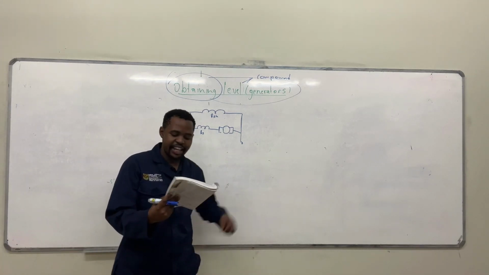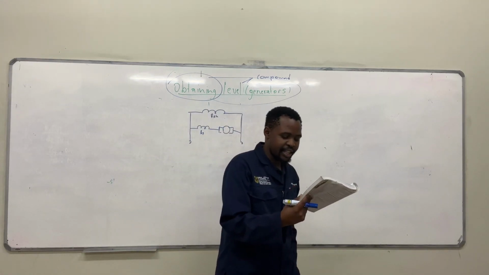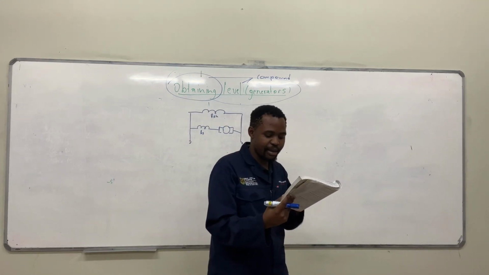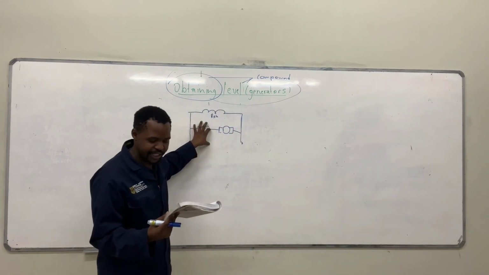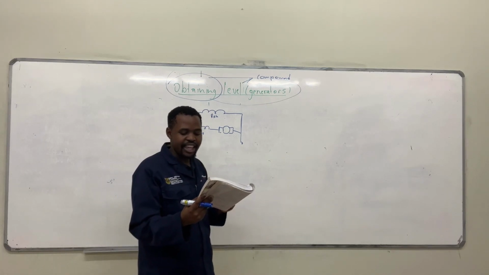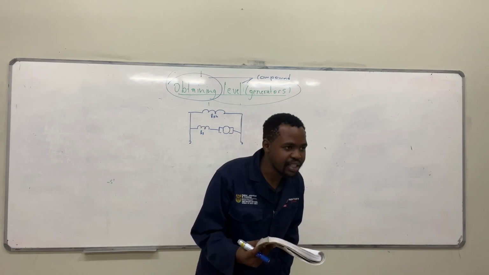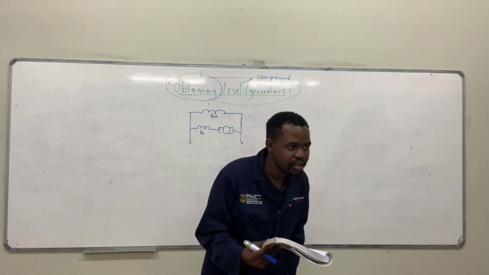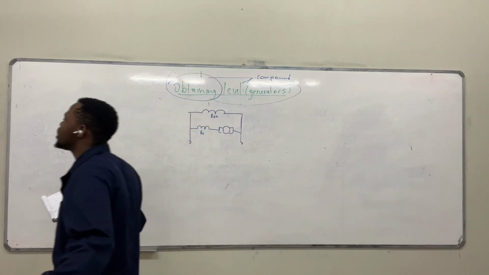Okay. If the series field is the more dominant field, meaning that the full load terminal voltage is greater than what? The no load terminal voltage. The machine is what?